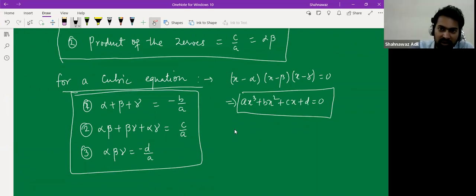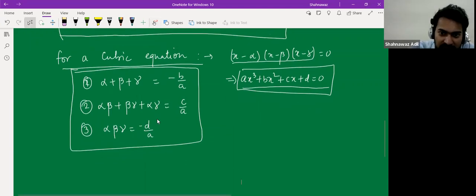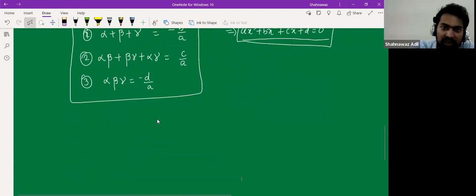When you solve it, you will get these relations in terms of the coefficients, and when you compare, you will get the values of these relations. Understood? So this was about the relation between the coefficients and the zeros of the polynomial.